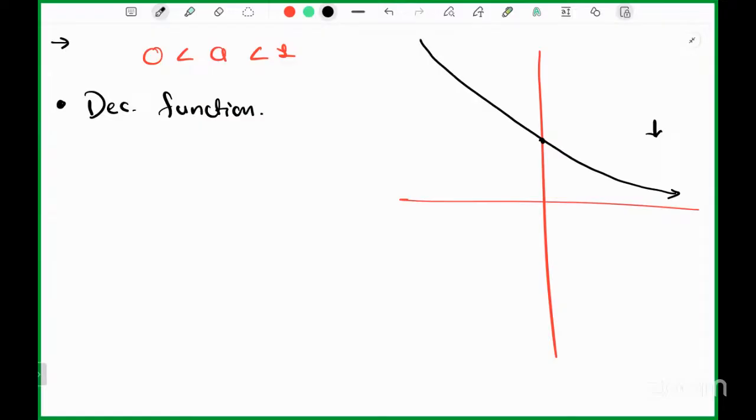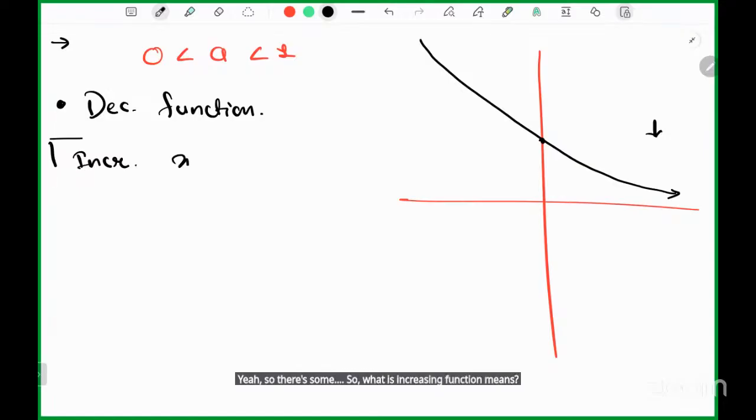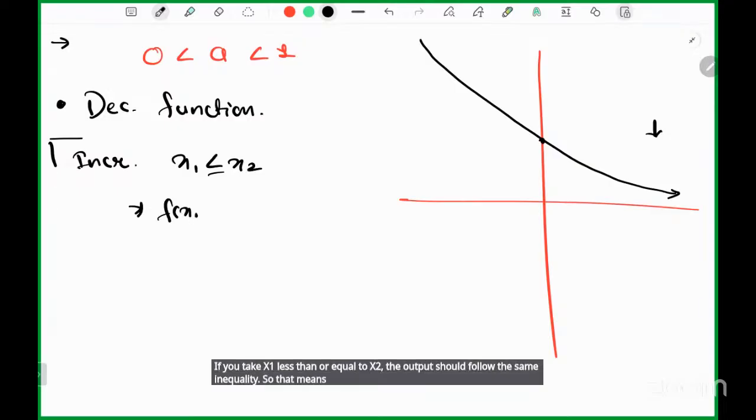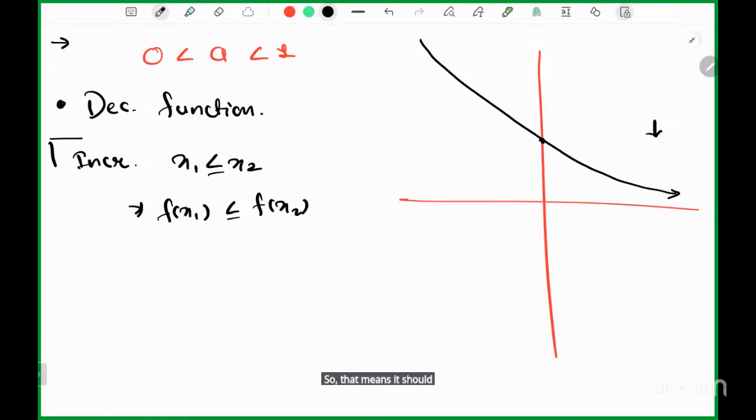Ma'am, can you tell us in brief? Yes. What does an increasing function mean? If you take x1 less than or equal to x2, the output should follow the same inequality, so f of x1 should be less than or equal to f of x2. That means it should increase as x increases.